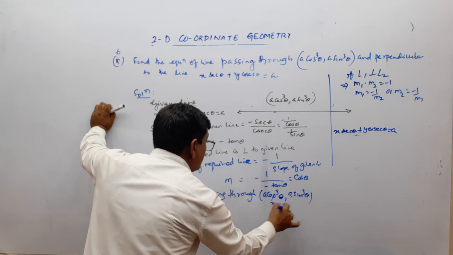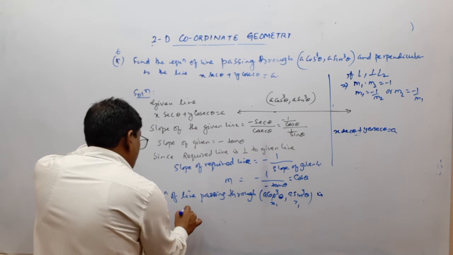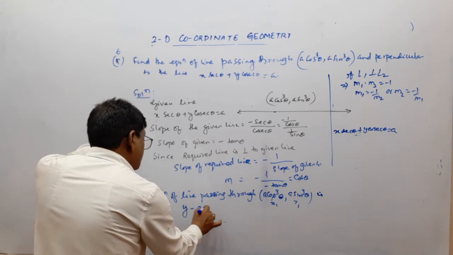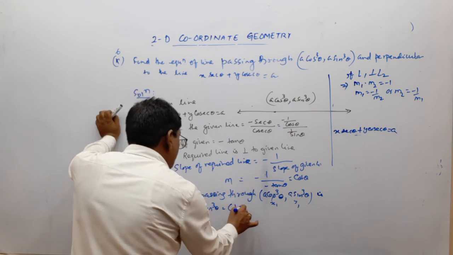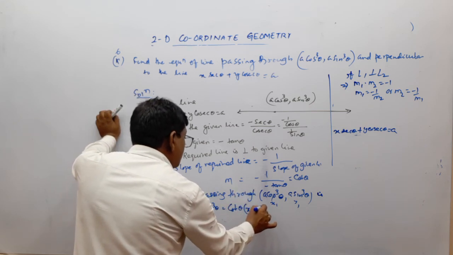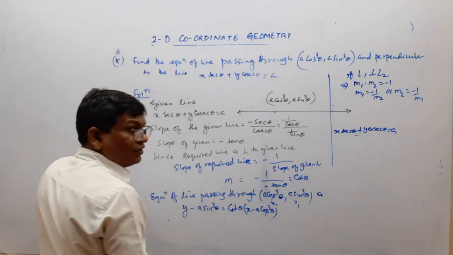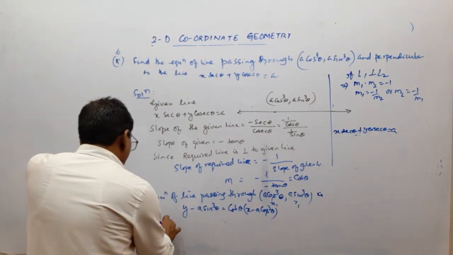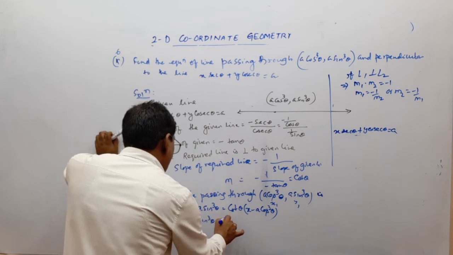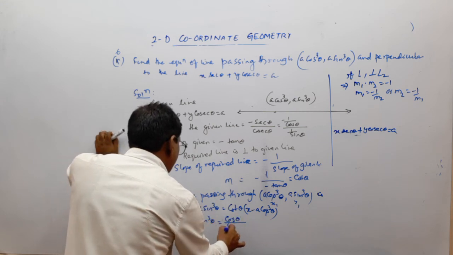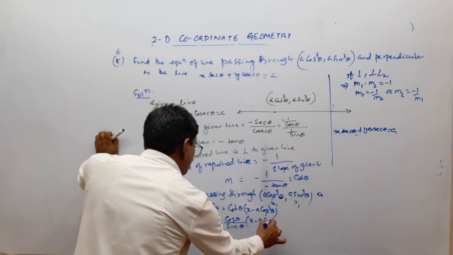Consider this x1 and this y1. It is y minus y1, y minus a sin³θ, and the slope cot θ into x minus a cos³θ. Now simplify this: y minus a sin³θ is equal to cos θ divided by sin θ into x minus a cos³θ.